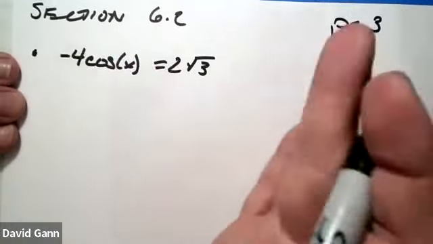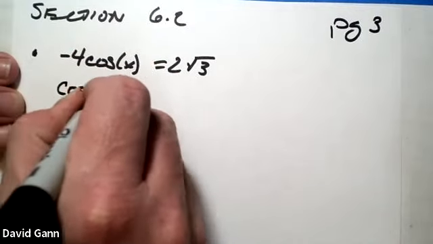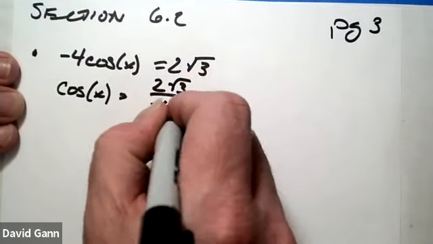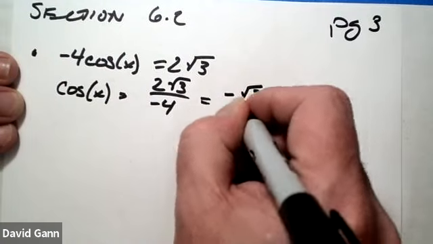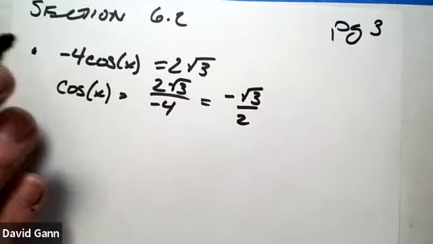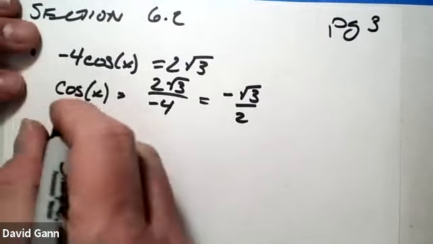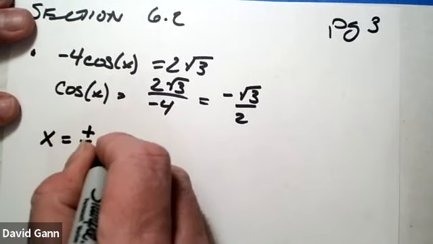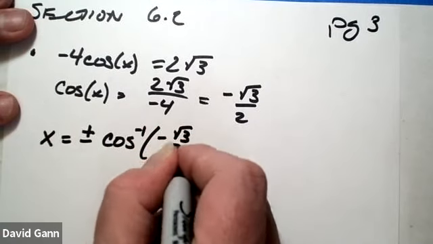Okay, so again, we just isolate cosine. Cosine of x is going to be equal to 2 root 3 over negative 4, which simplifies to negative root 3 over 2. So remember, with cosine, the principal and alternate root were simply plus or minus the inverse cosine, right? So we can go straight to the solution here. x is equal to plus or minus the inverse cosine of negative root 3 over 2.